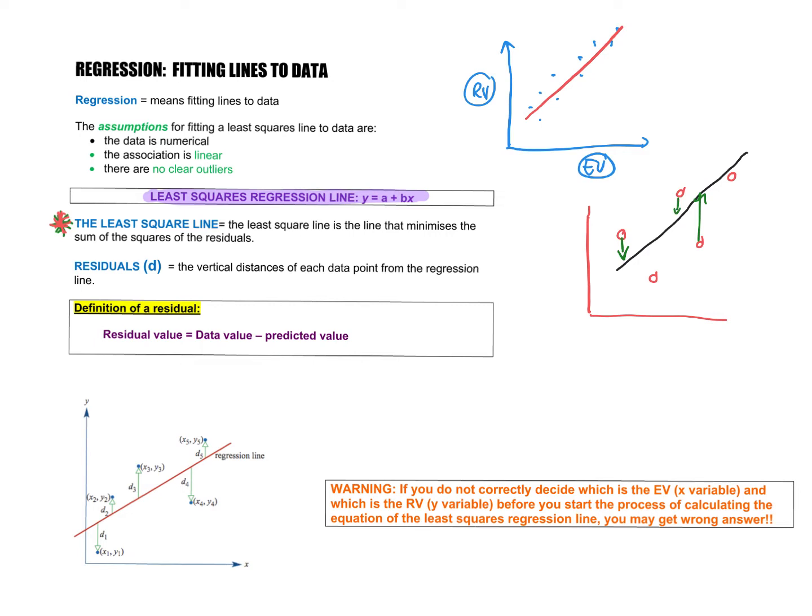Now that green line in there is known as the residual. The distance between the actual, so the dot is the actual, and the line value, which is the predicted value.